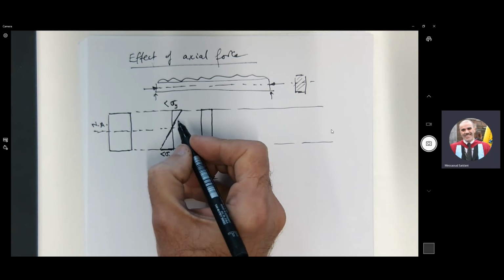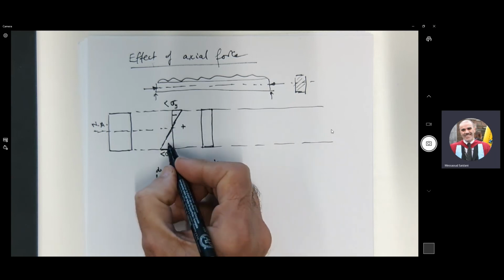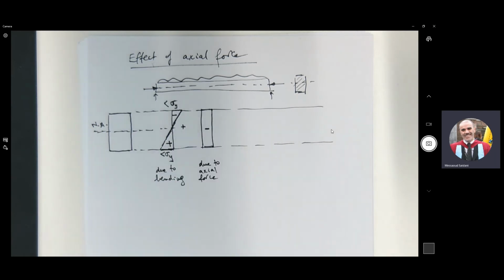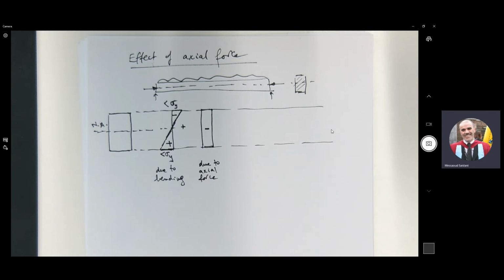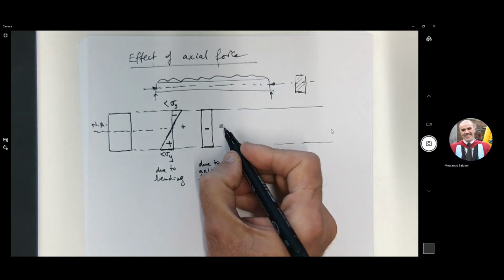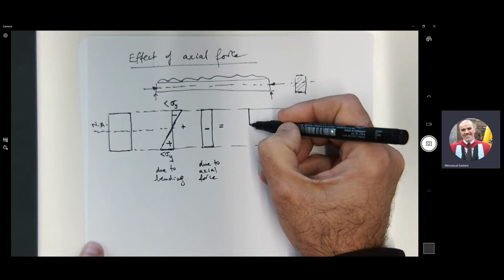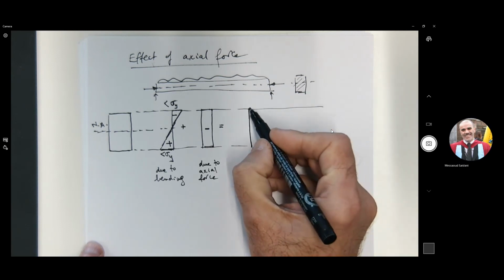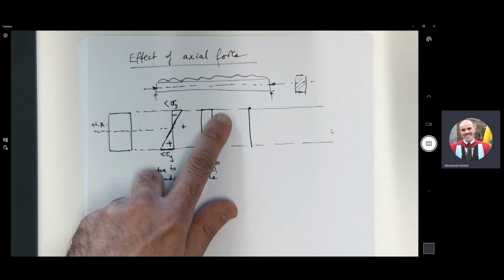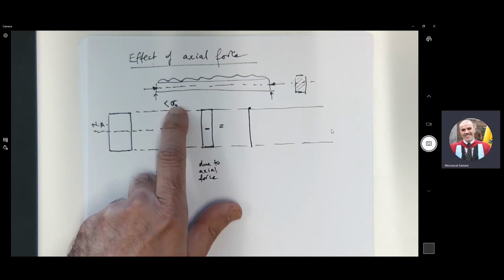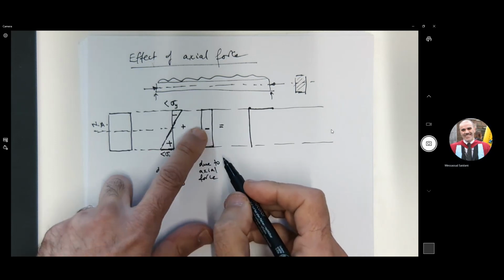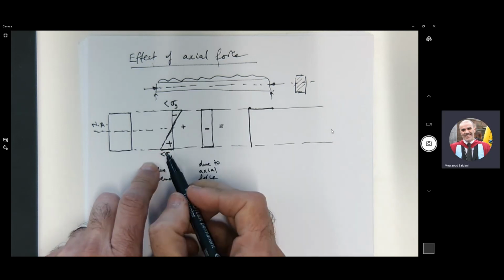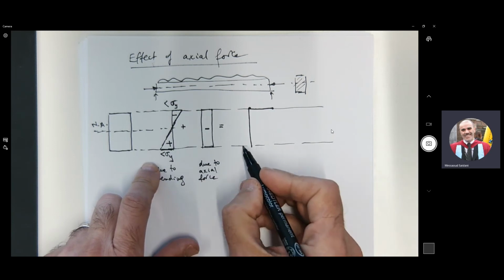Okay, so we have compression at the top, tension at the bottom from bending, and we have the compression from the axial force. And we have the combination of the two together. When you combine the two together, what do you get? You get something like this. What do you get at the top? Compression. What do you get at the bottom? When you put these two together, do you get a value less than this or bigger? Less. Okay, so we have something like this.